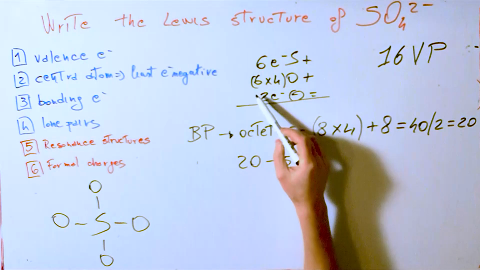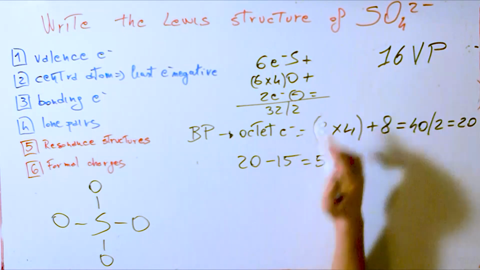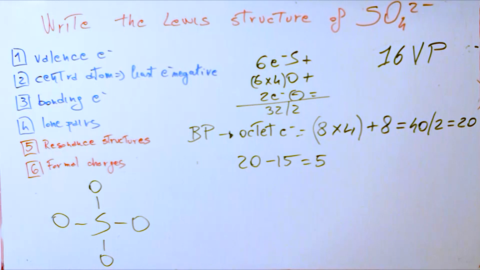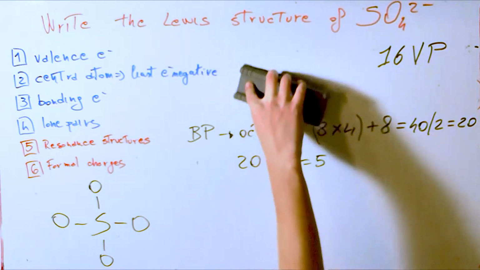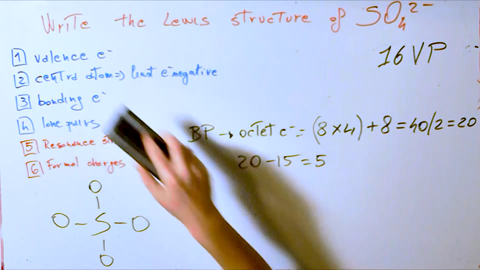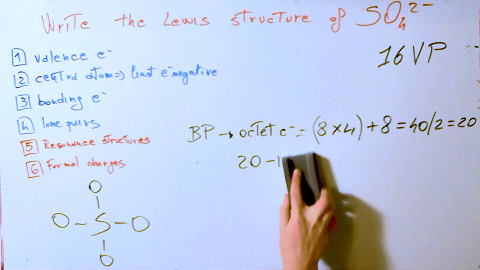So everything will now be equal to 32. If you divide this by 2, it is 16 valence pairs. Never forget the charges in the calculation of valence electrons. So now it will be different here.